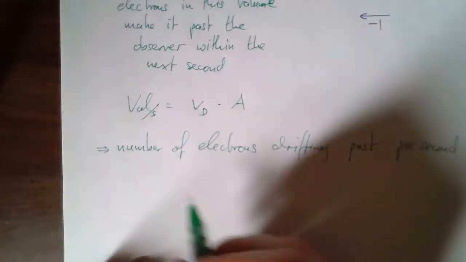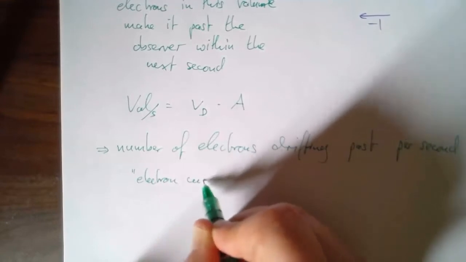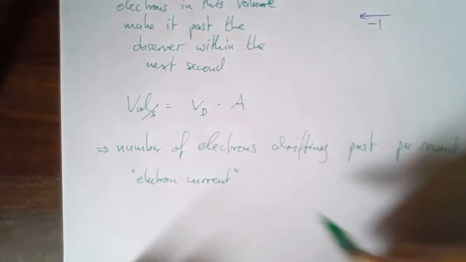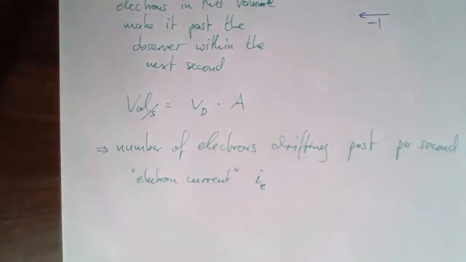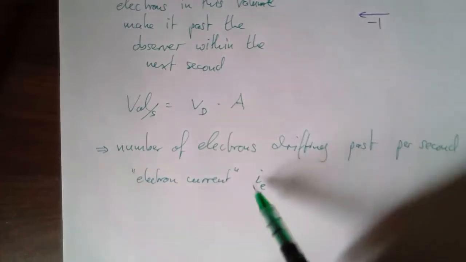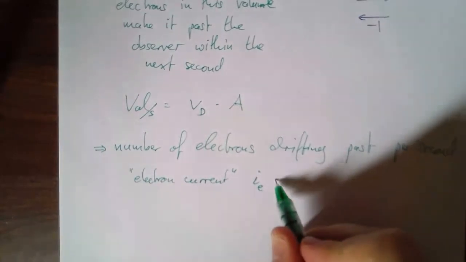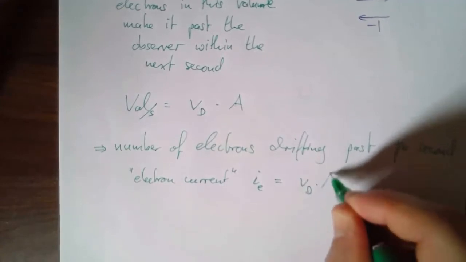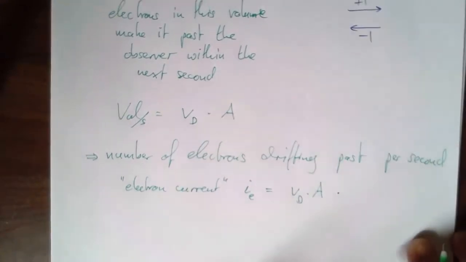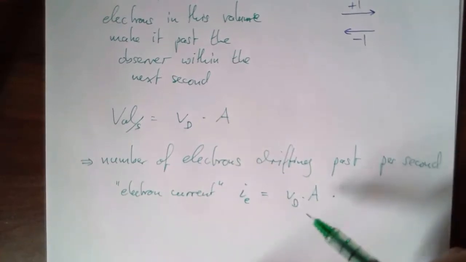And that's what we call the electron current. Give it this little I subscript E. At least that's what the book does. I'm not sure I've seen this particular notation before, but the book uses it, so we're going to use it too. Electron current I_E is given by the volume times the number of electrons inside the volume, meaning the number of electrons per unit volume.